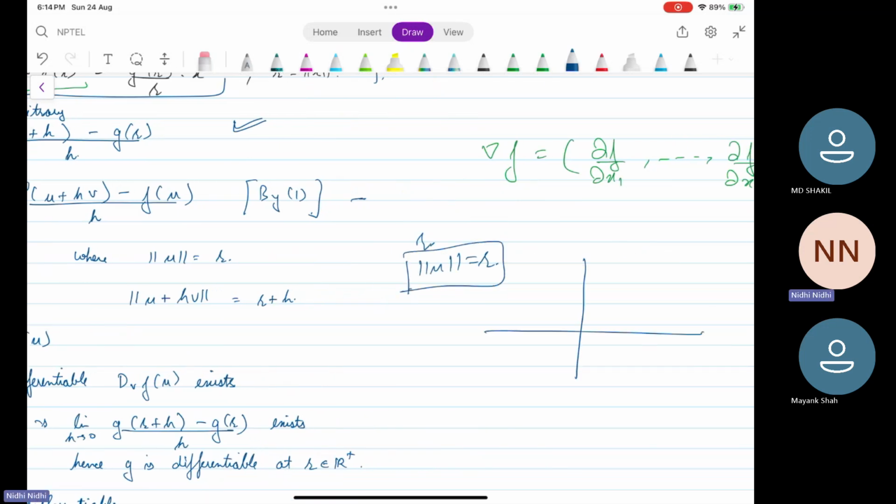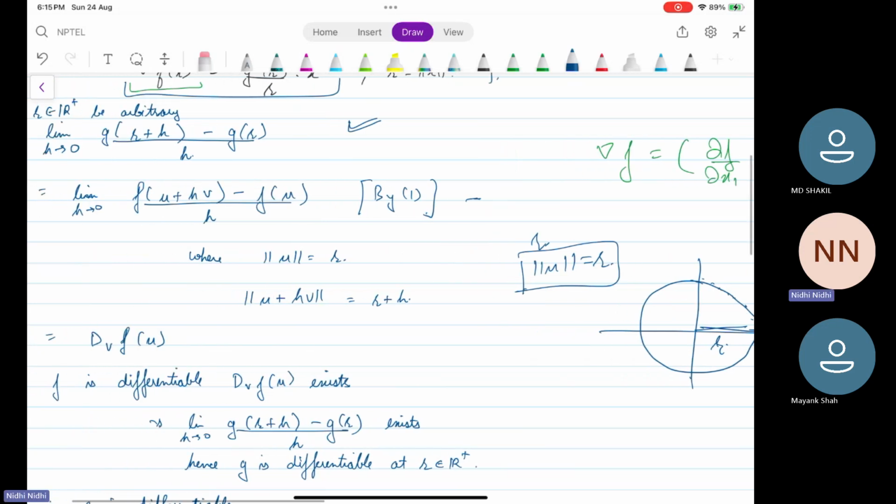It is lying on the circle. R is positive, isn't it? Yes, norm is also always positive. Any vector lying on this circle, suppose this radius is r, will have its norm equal to r. So I can always find such a u.